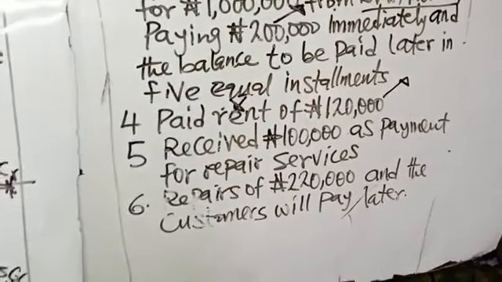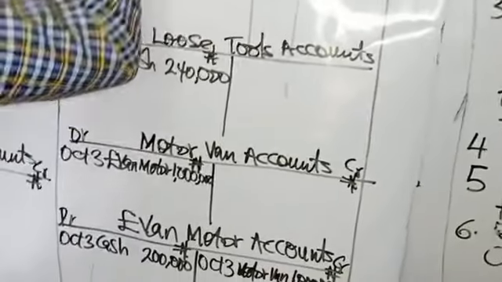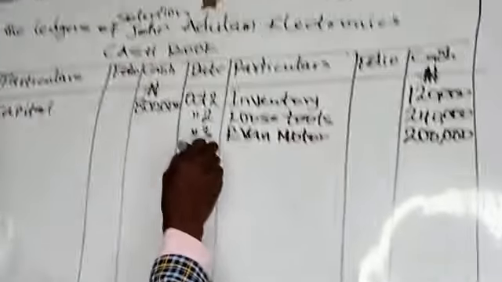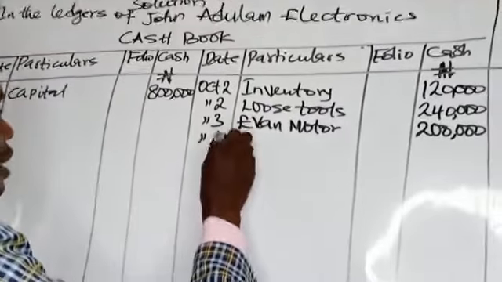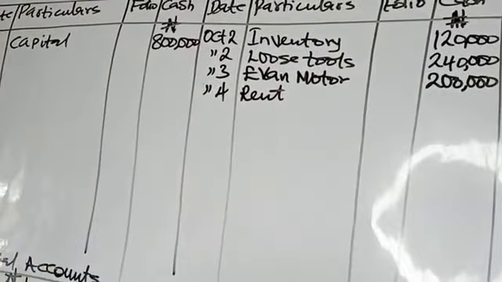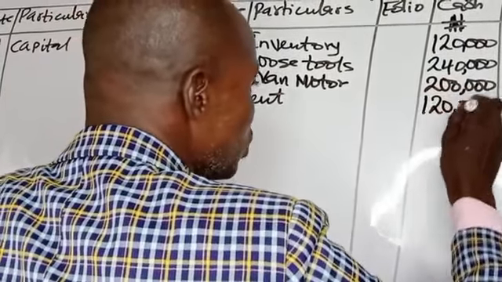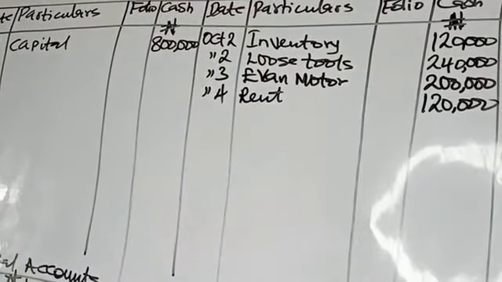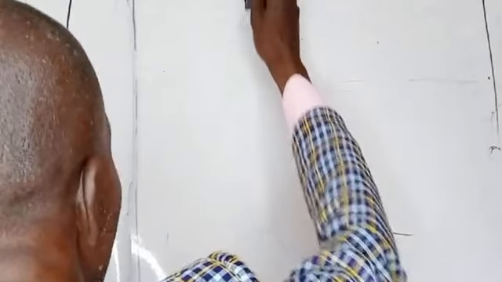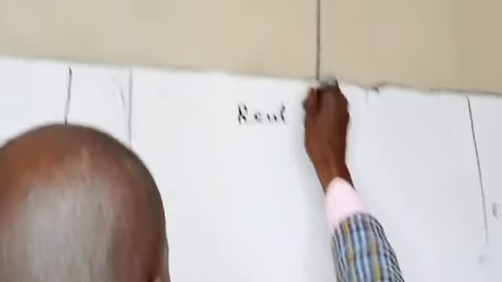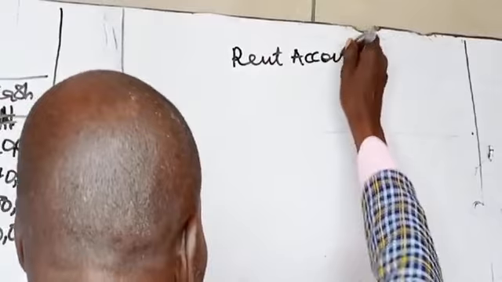So October 4th, we have rent, the sum of 120,000 naira. So you are going to debit the rent account.